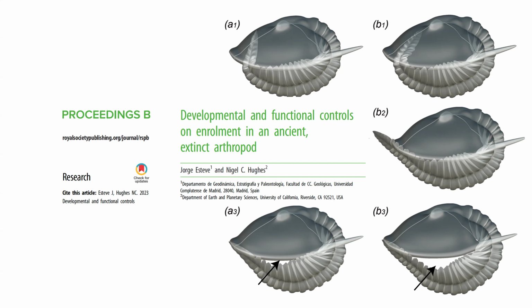Or you could extend the tail beyond the head region. And I was so delighted when we came across this, because it, I think, solved one of the major problems that I'd always had with Alacopleura.